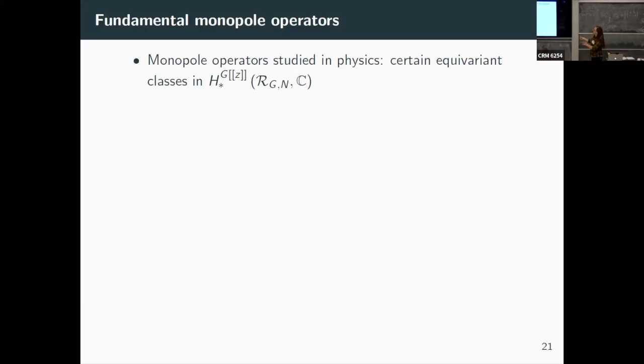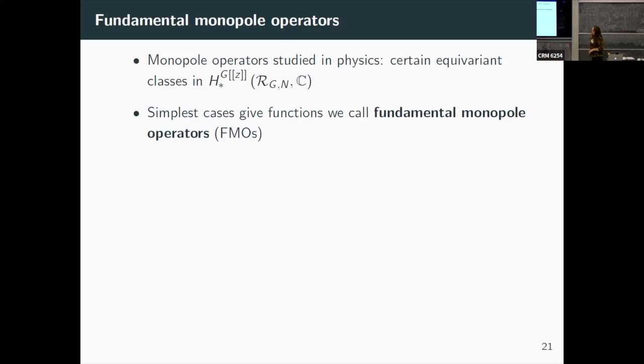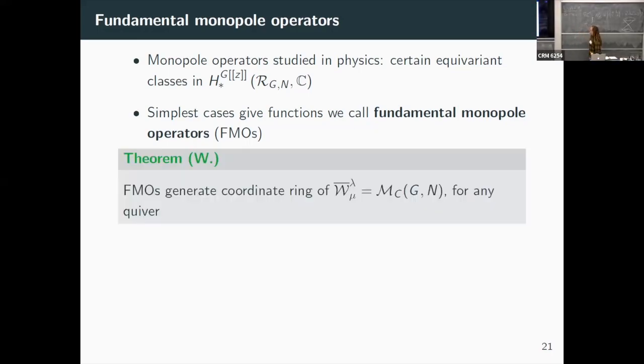We can say more precisely, but I don't think we have time. And I'll just mention that there are some easiest ones you could possibly write down. In the context of quivers, Muthiah and I have taken to calling them fundamental monopole operators, but somehow they come from minuscule co-weights of the group G. So anyway, there's some picture and there's a way to write these down.